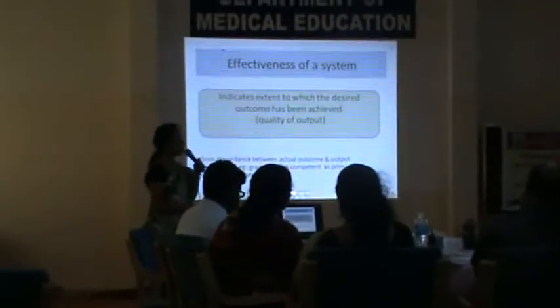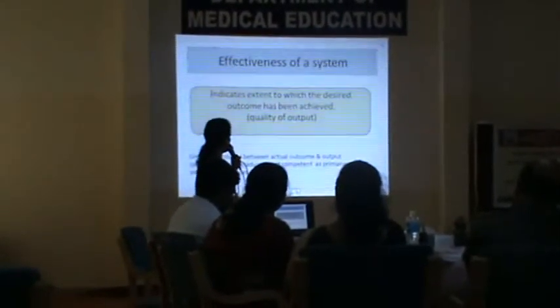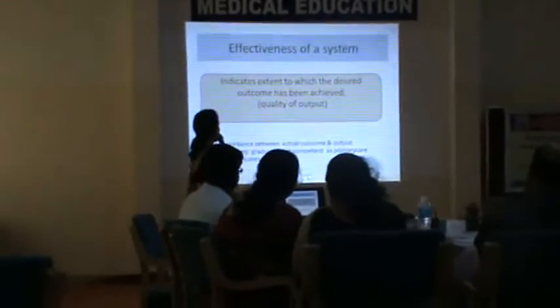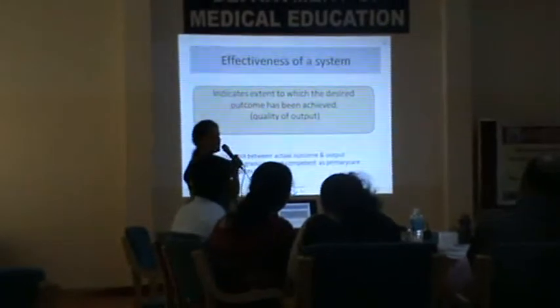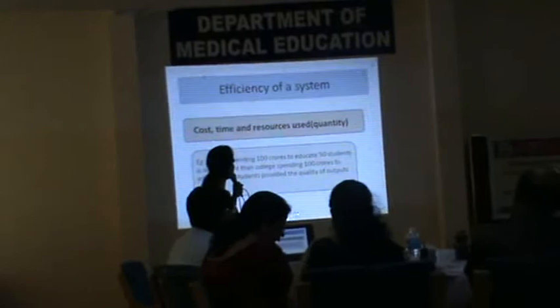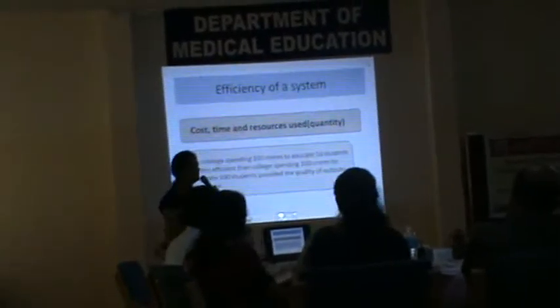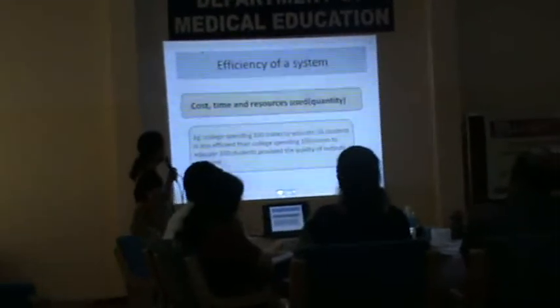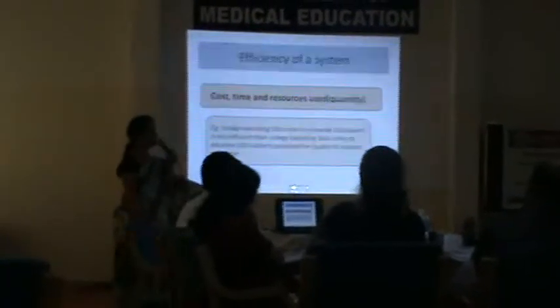If there is a gross discordance between the outcome and the output specification, that is, if the graduates are not competent as primary care physicians, then we say our system is ineffective. We need to relook at it. Efficiency depends on the time, the cost, the resources, the quantity. It's just an example here.